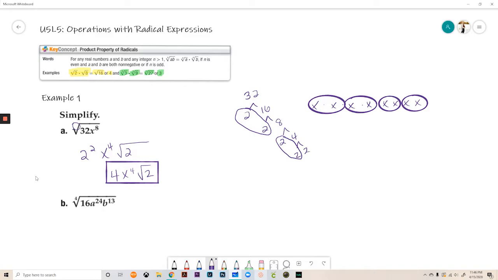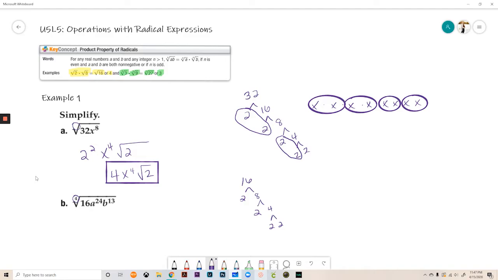So part B, we have the same idea, but it's going to be a little different because this is now the 4th root. So we're not looking for groups of 2, we're looking for groups of 4. I'm going to take 16 and break it down into its prime factors: 2 times 8, 2 times 4, 2 times 2.